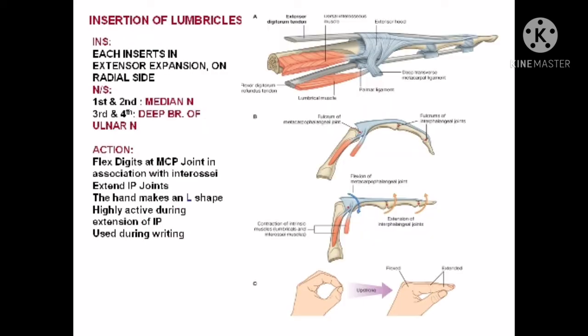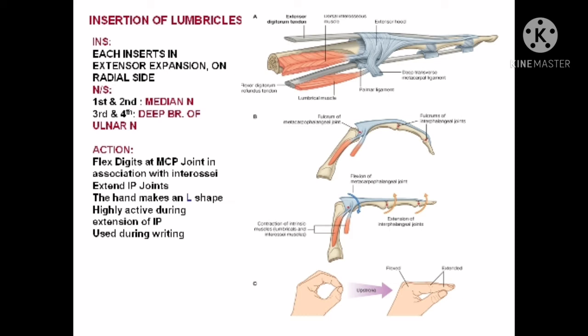The insertion of the lumbricals: each inserts into the extensor expansion on the radial, or lateral, side. The first and second are supplied by the median nerve, and the third and fourth by the deep branch of the ulnar nerve.